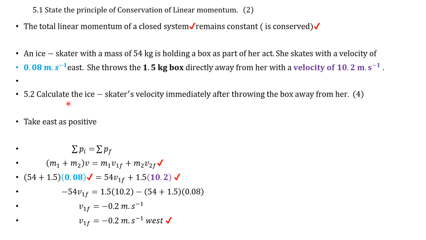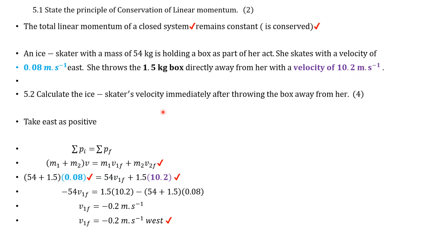Now 5.2: Calculate the ice skater's velocity immediately after throwing the box away. So what is the ice skater's final velocity after she got rid of the box? Initially, we have the 54 kg and the 1.5 kg moving together at 0.08 meters per second, and we have the final velocity of the 1.5 kg box at 10.2 meters per second.